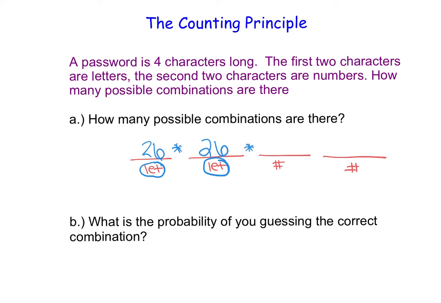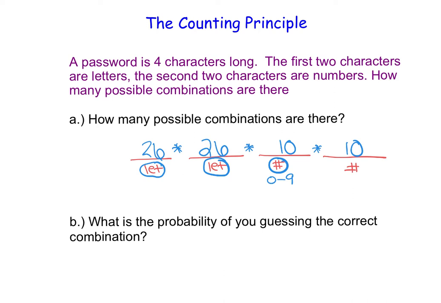Then from here, the number of numbers on our keypad, I know you might think is 9, but is actually 10 because we go from 0 to 9. So we have 10 options for a number and then 10 again for a number. So we have 26 options for the first slot, 26 for the second, 10 for the third, and 10 for the fourth.